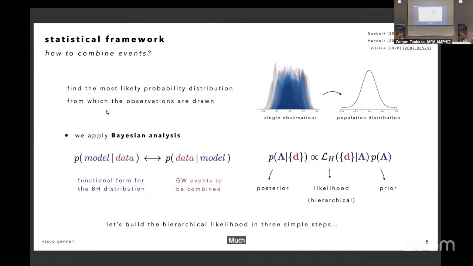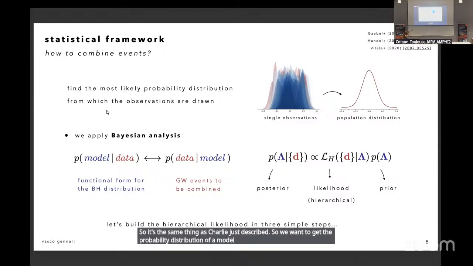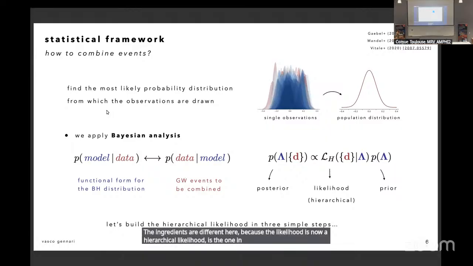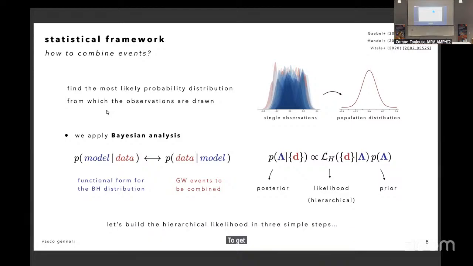So it's the same thing as Charlie just described. We want to get the probability distribution of a model given the data. You can see here in the equation on the left, if we're able to model the probability of the data given some model. In this case, differently than what we just saw for a single event parameter estimation, the ingredients are different here because the likelihood is now a hierarchical likelihood, is the one in which we take the single events as input and we combine them to get a hierarchical second layer of analysis.